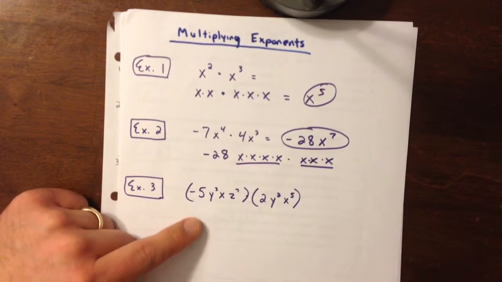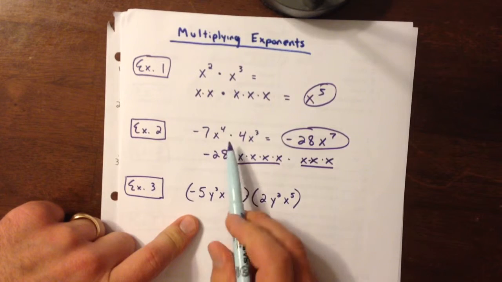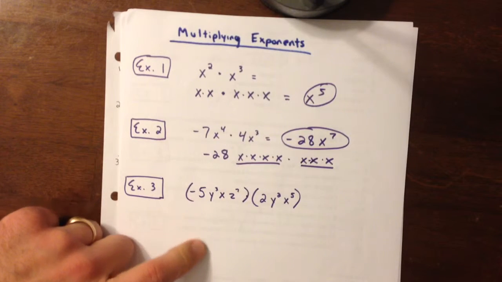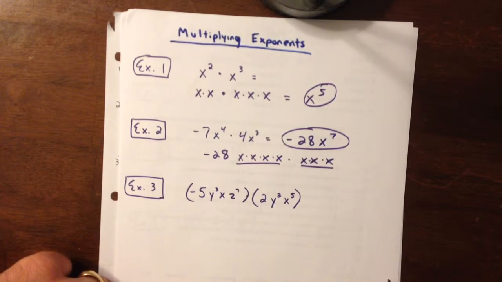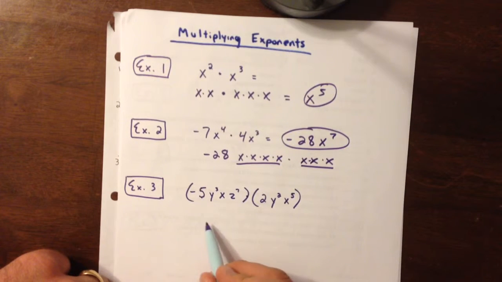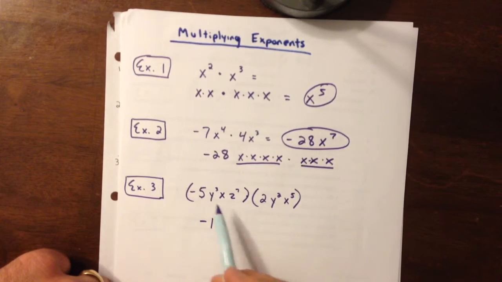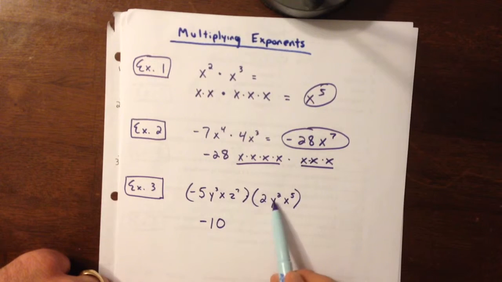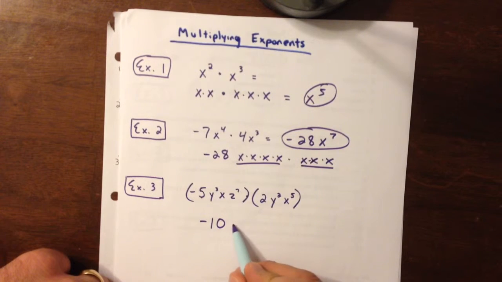Okay, the last one here, I just have parentheses instead of using a dot notation, and we go from there. So I'm going to do negative 5 times 2, that's just negative 10. I'm going to do y to the 3rd times y squared, that is y to the 5th.